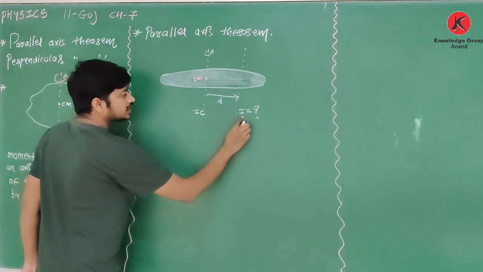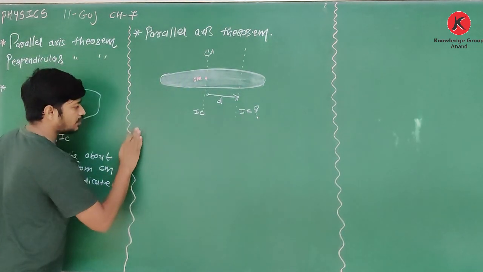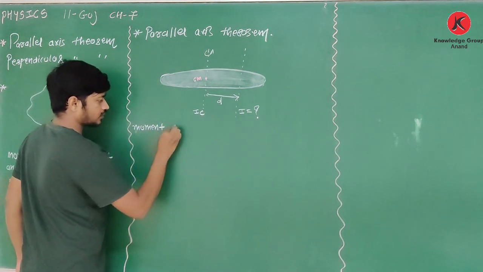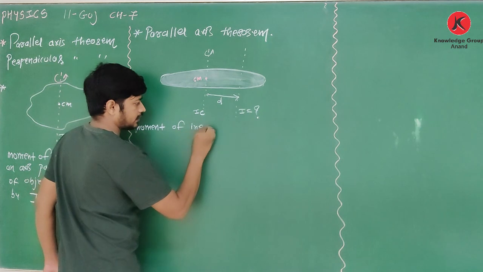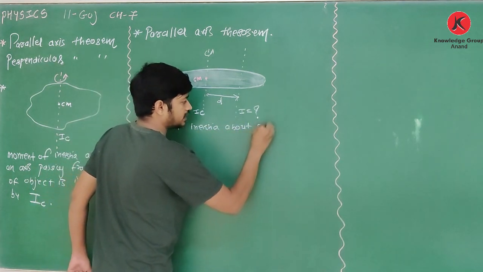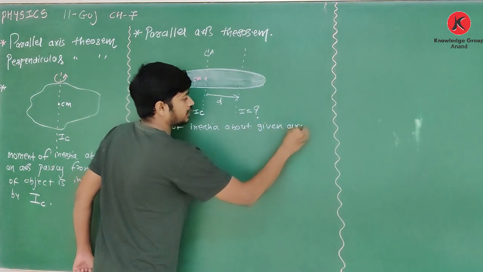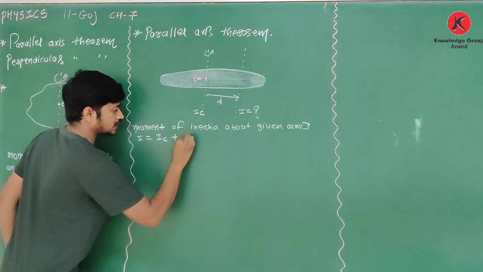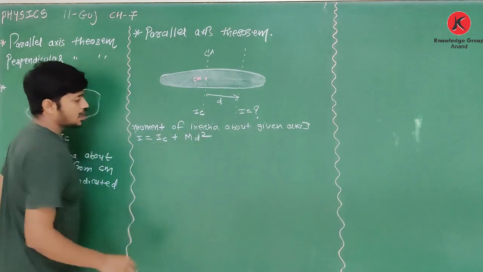The moment of inertia about the given axis, I, is equal to IC plus md square.